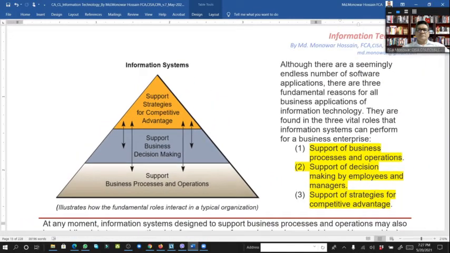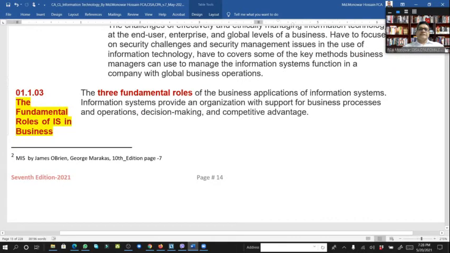So these are the three fundamental roles of the business application of information systems. Information systems provide an organization with support for business process, operation, decision making, and competitive advantage.